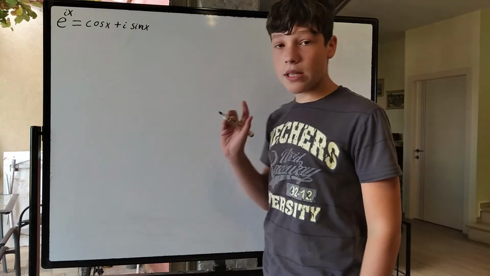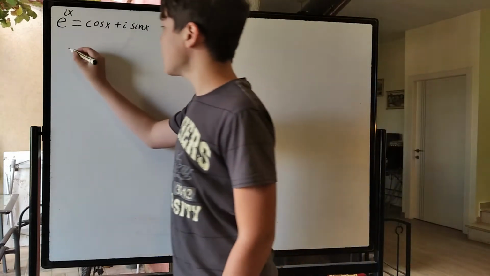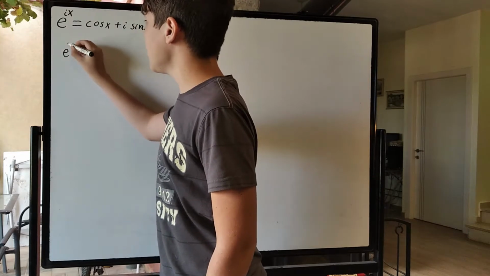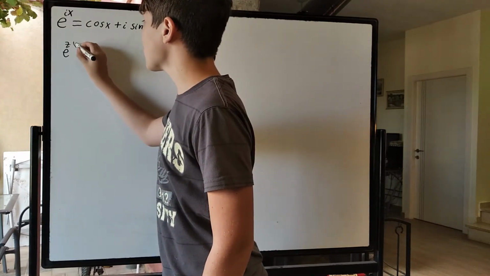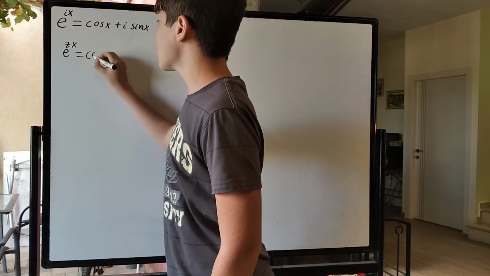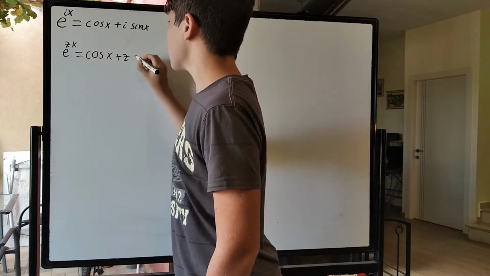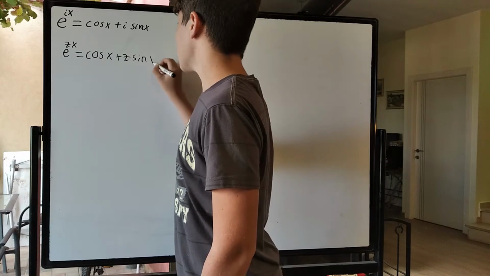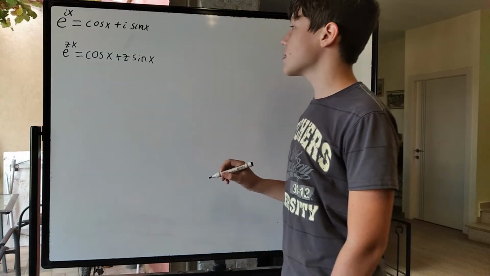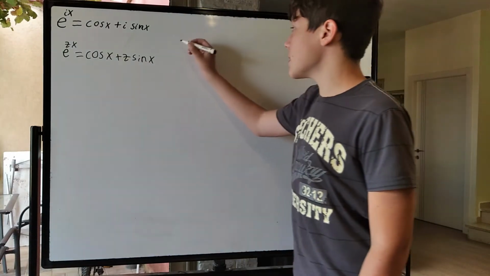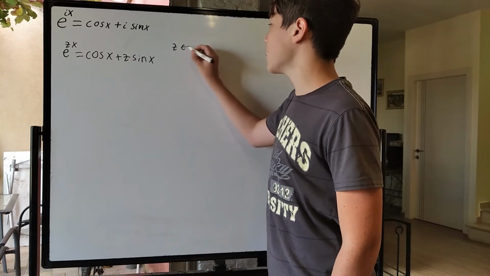So today what we're going to do is look at e to the zx is equal to cosine x plus z sine x, where z is a complex number.